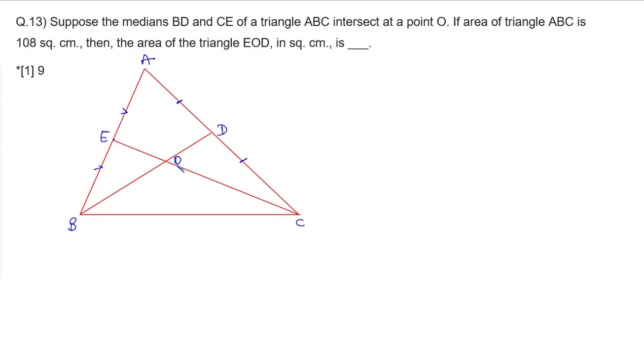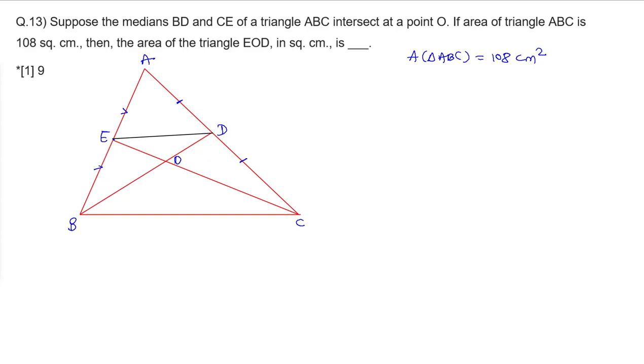After that, if the area of triangle ABC is 108 square centimeters, then the area of triangle EOD is how much? That we need to find out. So now over here we need to use the basic proportionality theorem, you can say.